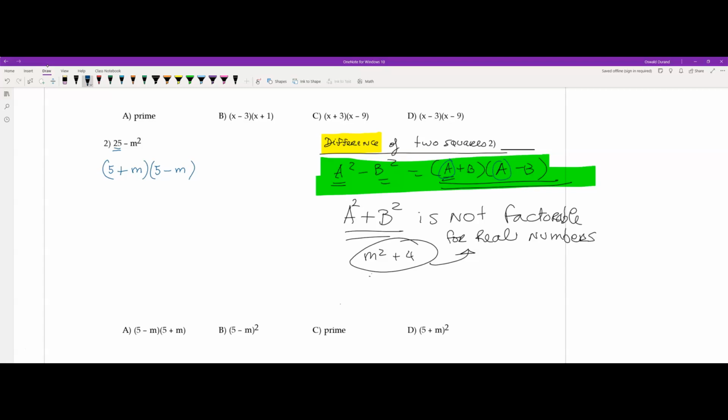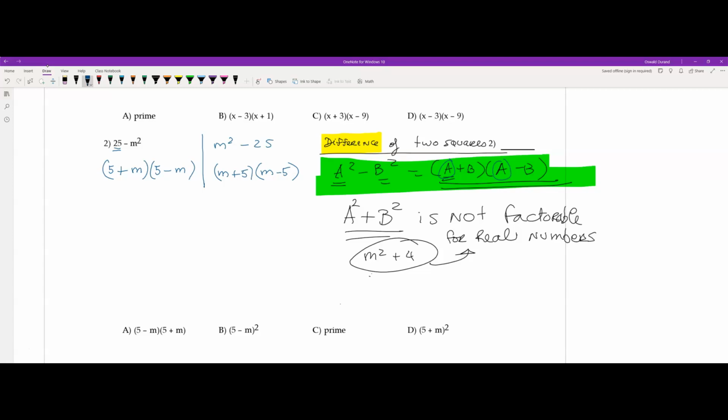A lot of you are looking at the screen and thinking, oh, it looks wrong. Well, you're thinking that maybe you should put m first and then the 5 next. No, that's not the same thing. So let's do another one here. m squared minus 25 would be m as the first term, and then 5 as the second term, and then you have plus 5, negative 5.